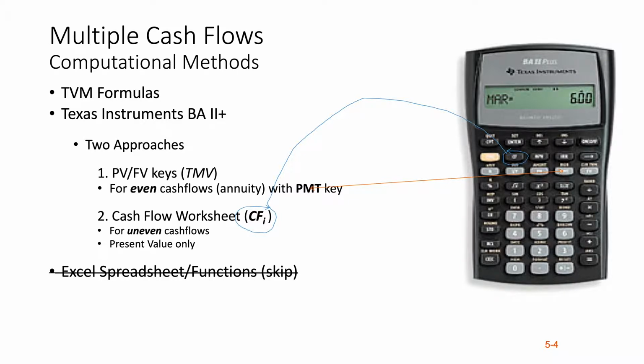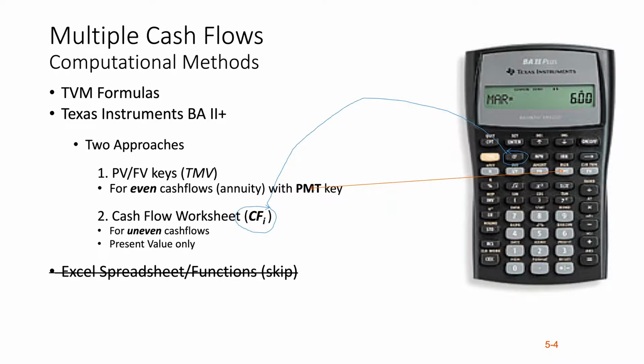Okay. Now, if the cash flow is uneven, with a loan payment, for example, every month's payment is the same, but in company capital budgeting, its sales are not the same. It's uneven. How do we deal with uneven?